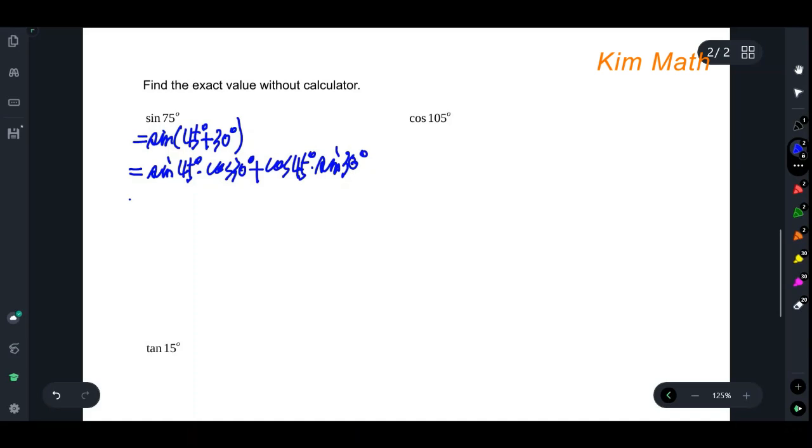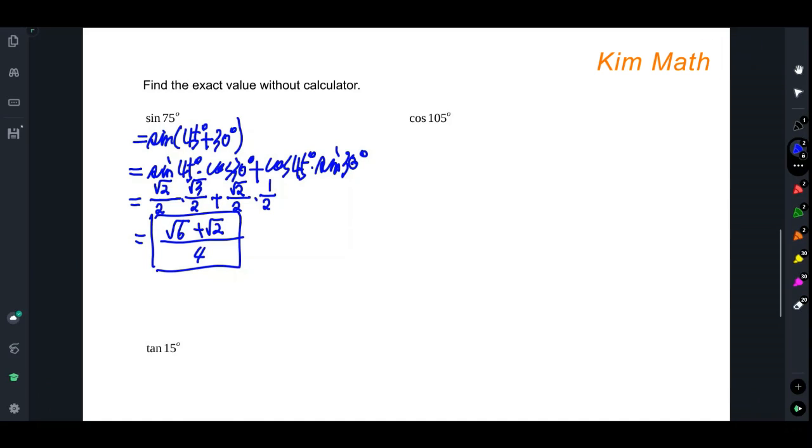Okay? Now, I hope you remember the values of the special triangles. Sine 45 degrees, 1 over radical 2, or radical 2 over 2. Cosine 30, radical 3 over 2. Cosine 45, radical 2 over 2. Sine 30, 1/2. Now we have the same denominator, and for the numerator, radical 6 plus radical 2. Okay?